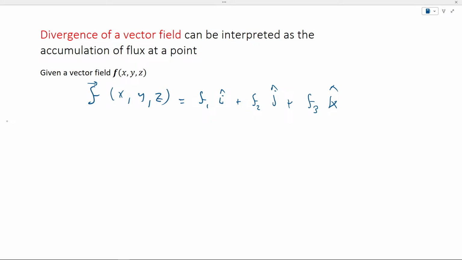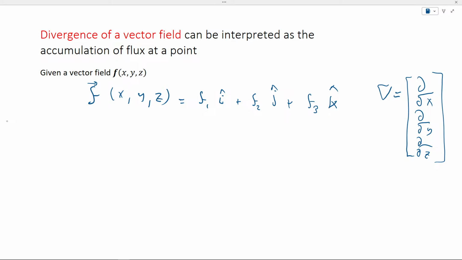Now remember this guy here. Let me just remind you of this guy. This is the Nabla operator, and this is the gradient. So this is partial over partial x, partial over partial y, partial over partial z.